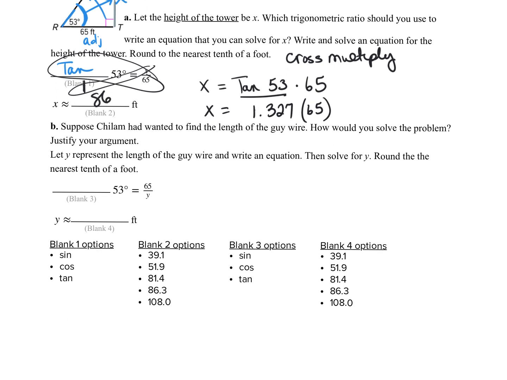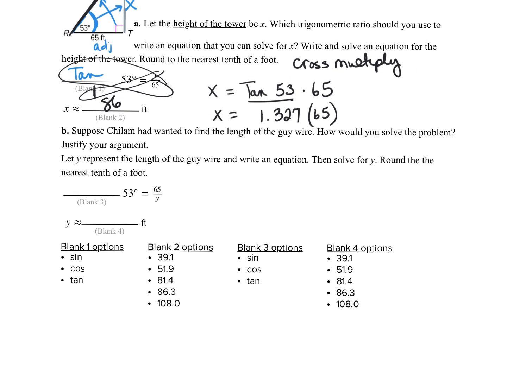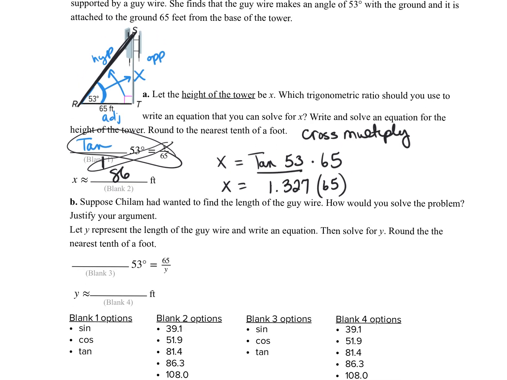Next, suppose Shalom had wanted to find the length of the guy wire. Okay, so in that case, the guy wire is this length from R to S, based on our word problem, and that happens to be our hypotenuse. And we have the 65.